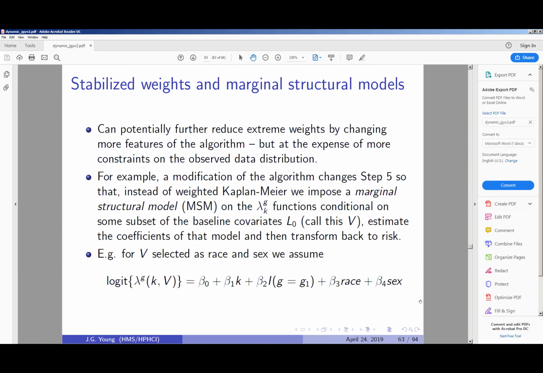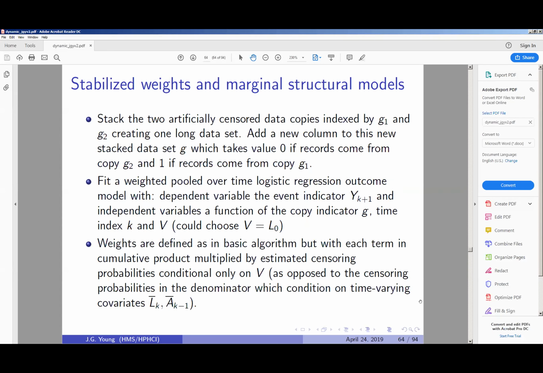Now on top of the restrictions we've had to make in estimating the weight denominators of the treatment and the artificial censoring and real censoring mechanisms, we now have to make another assumption. But if we're willing to do this, we can get better stabilization of the weights, because in this case we're allowed to make the numerator of the weights a function of V. So the larger we make V, for example, if we made it contain all of L0, then we might get the numerator even closer to the denominator.